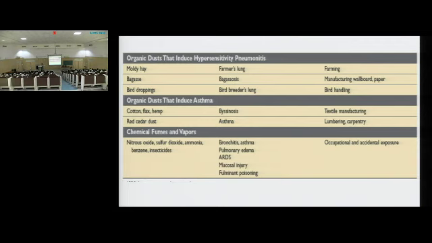Also red cedar dust induces asthma, and chemical fumes induce bronchial asthma, edema, acute respiratory distress syndrome and injuries to the bronchial mucosa.